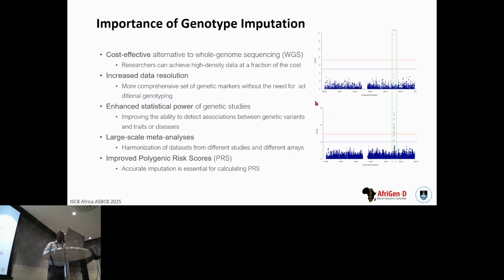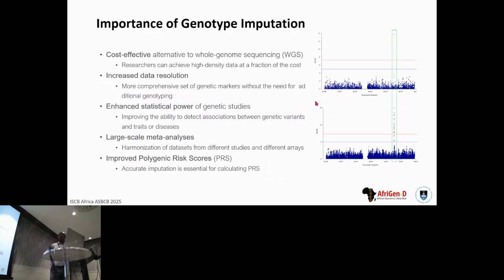It's really a fraction of the cost compared to whole genome sequencing or exome sequencing. And by doing this, you're basically increasing the resolution of your data. So you'll have more data that you can then test and be able to detect signals, really enhancing the power of detection in your genetic study.